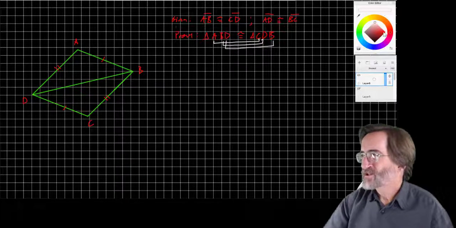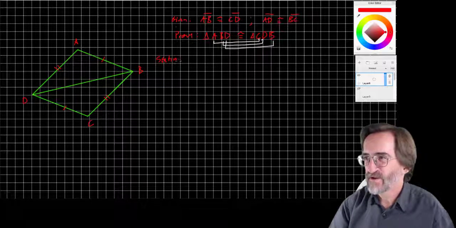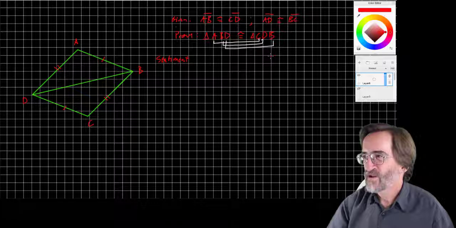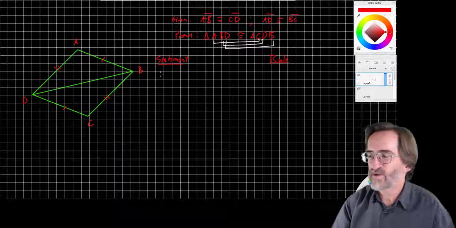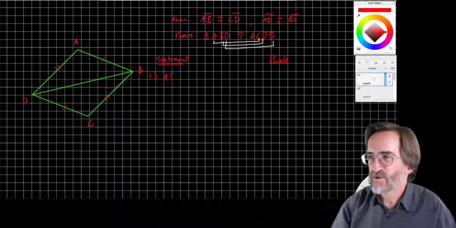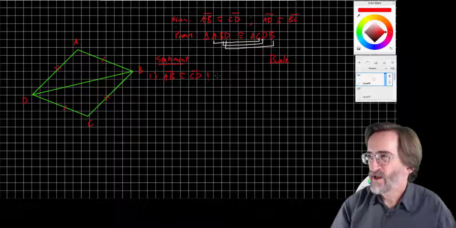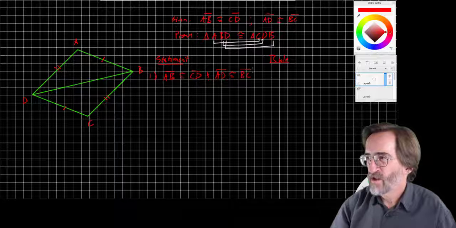Okay. So let's do the proof. We have statements and reasons, which are rules that allow or justify what you did. Typically, we start with the given. So start with the given. AB is congruent to CD, and AD is congruent to BC.